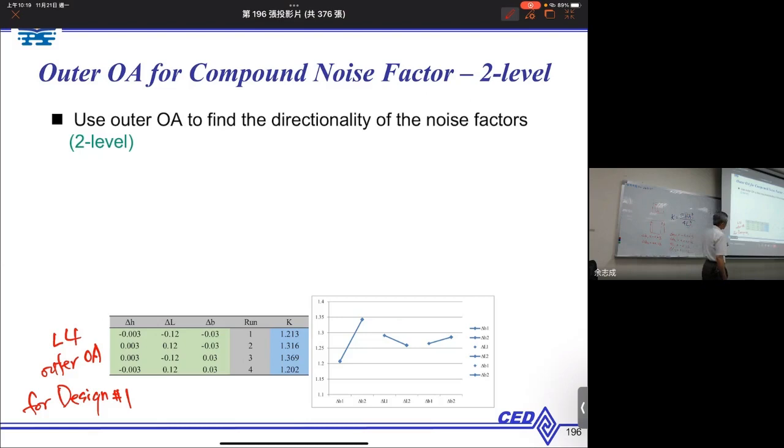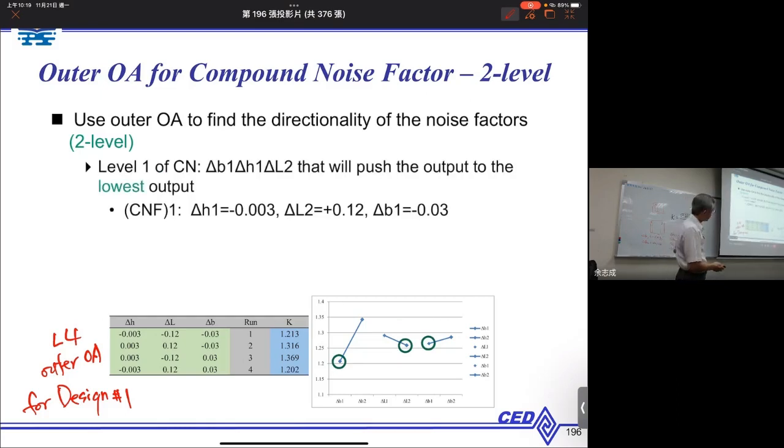Then we can understand the output K, these 4 sample outputs, as the influence of the noise factors on design number 1. So this noise factor is in level 1, level 2, level 1, level 2, etc. Then we can apply the analysis of mean to come up with an effect plot like this one.